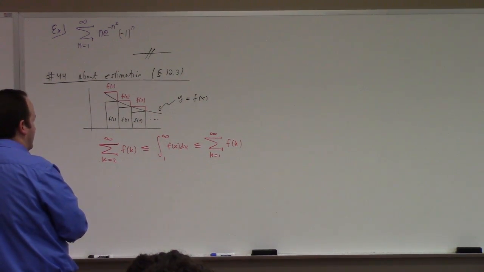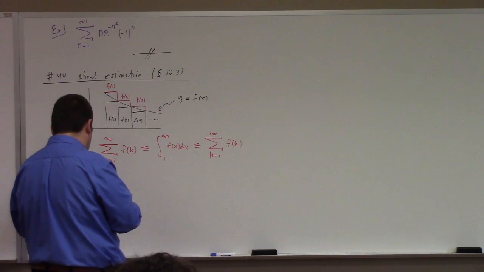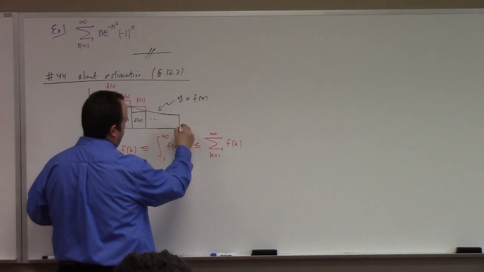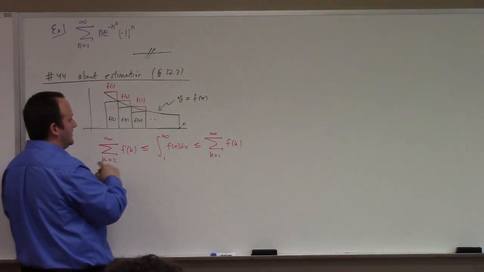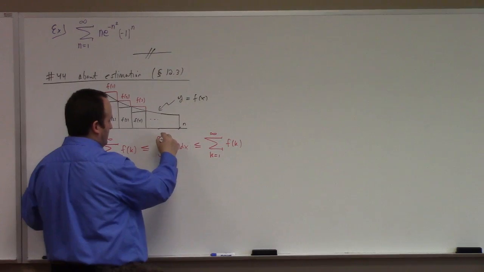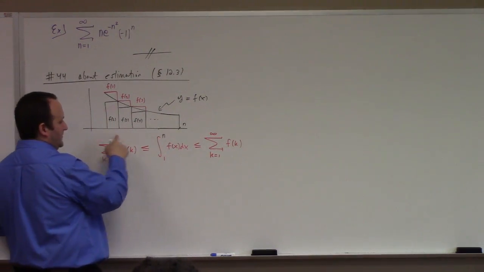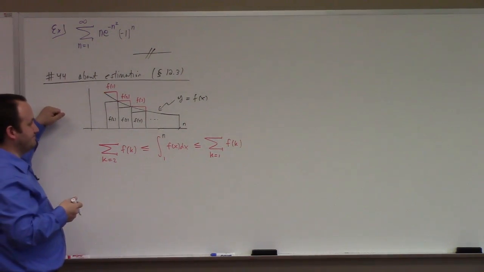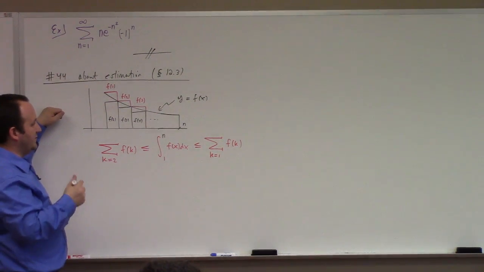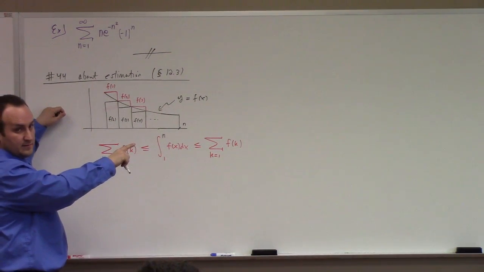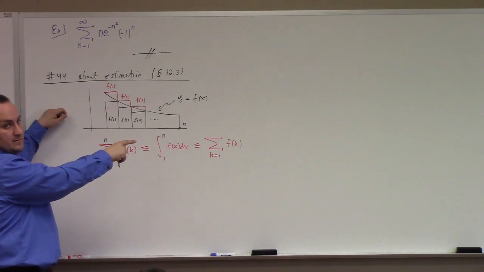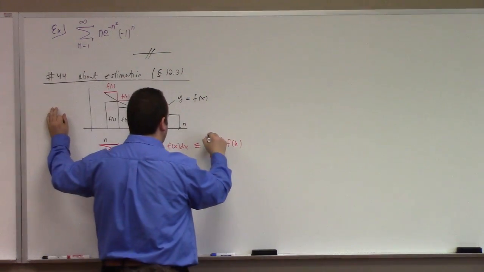I guess instead of looking at infinity, I should look at n. Suppose this just goes out to n. Where does this stop and where does the other one stop? It's a little bit of a difference. It goes from 2 all the way to n, and it goes from 1 all the way to n minus 1.